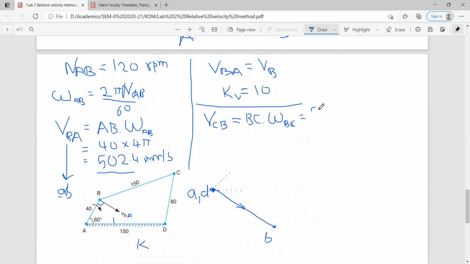Magnitude is not known to us, means length of the vector we cannot find. Length of the vector हमें पता नहीं है.